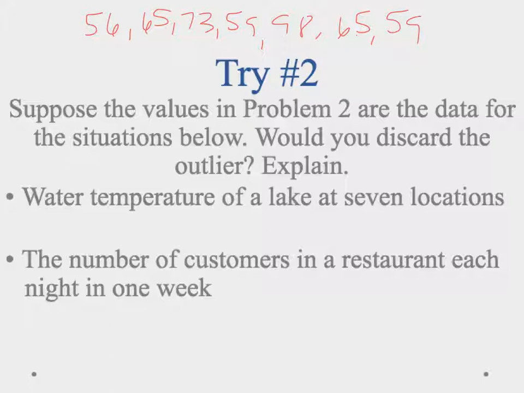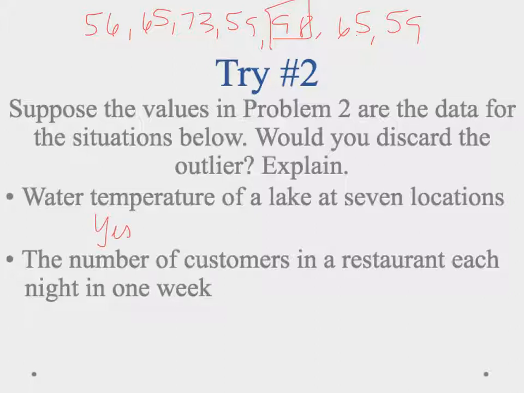So would we have discarded the outlier 98? And then we need to explain. First, the water temperature of a lake at 7 locations. Possibly, yeah. We might want to discard it because 98 degrees is a lot different than any of the other temperatures here. So I would say yes.